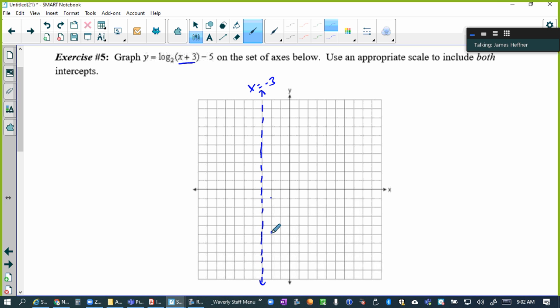And then negative 1 is there, like this, somewhere in there. And then 0 ends up like here, and 1 is like here, roughly. It kind of goes out like this.